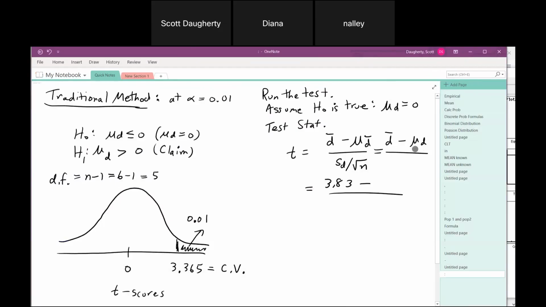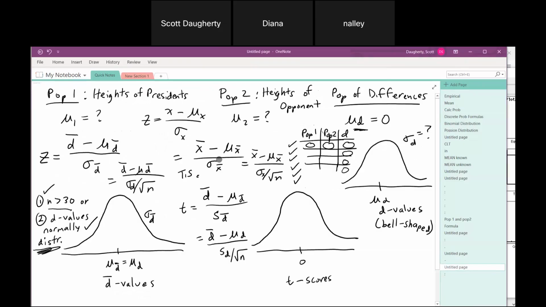So the mean of the D bar values is the same as the mean of the D values. That came from the central limit theorem. The mean didn't change, right? When you started looking at the D bar values, the mean did not change.